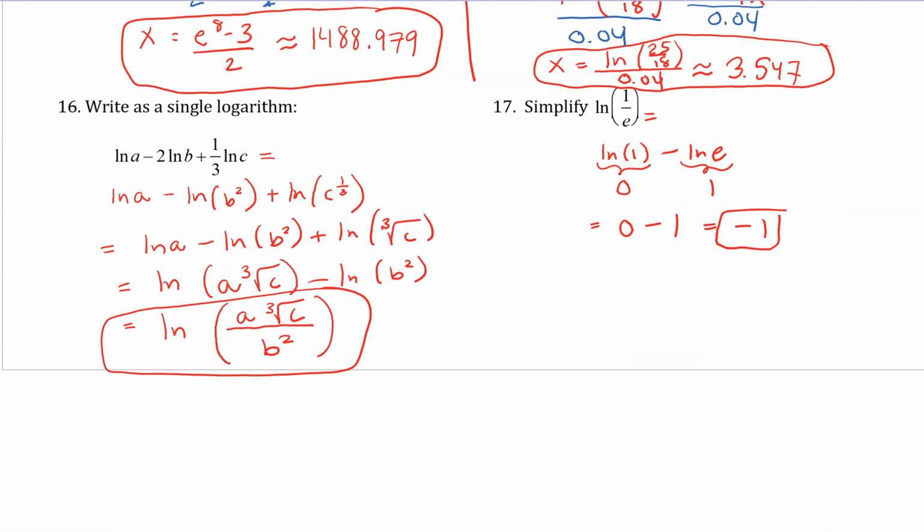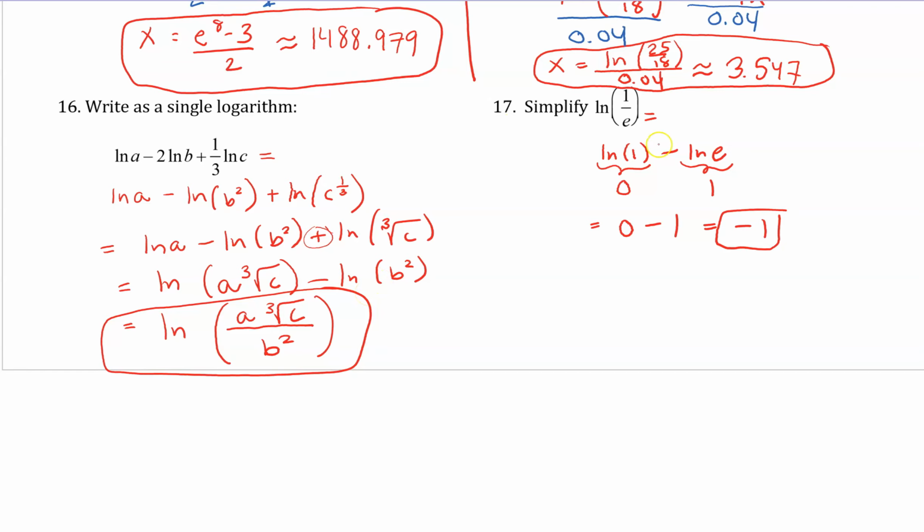For 16, first you had to make 2 a power of b and then 1/3 a power of c. So we ended up with a b squared and then a c to the 1/3, which was actually a cube root of c. And then I combined ln of a and ln of cube root of c as a product, since those logs were adding. And then divided all of it by b squared, since that log was subtracting.